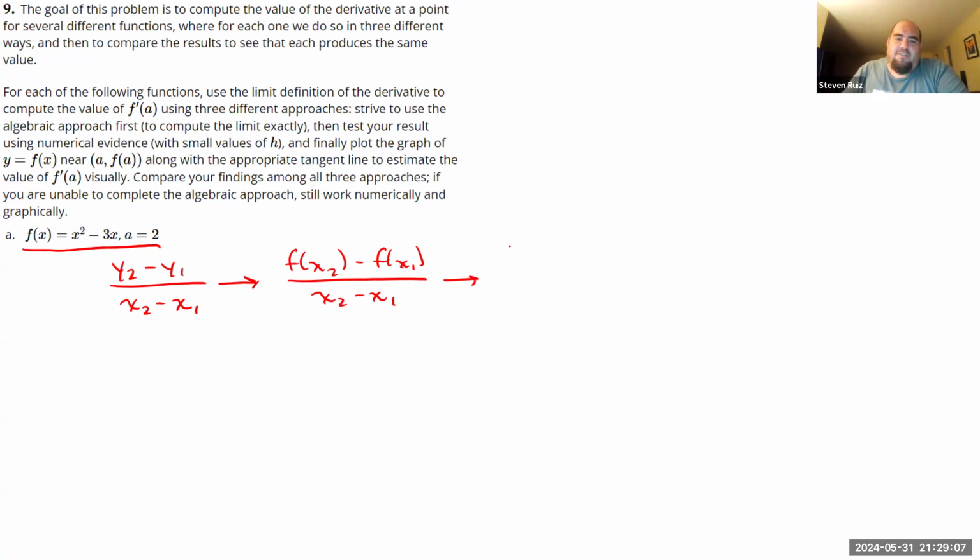So I'll say not f of x2, but f of x plus h minus f of x. Since I can't calculate slope with only one point, I have this h that tells me my distance of separation between x and x plus h, and I'm dividing by the change in x values, that's h. So these three things are different versions of the same information: the change in y divided by the change in x.